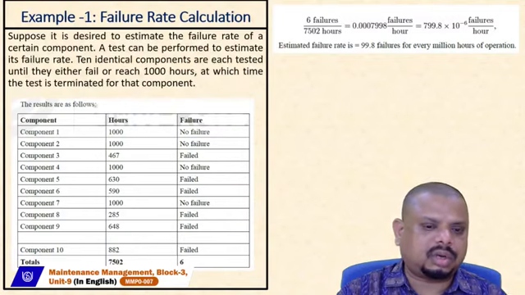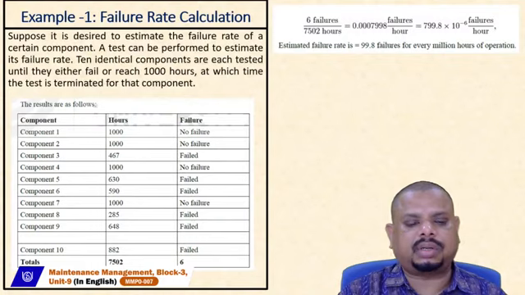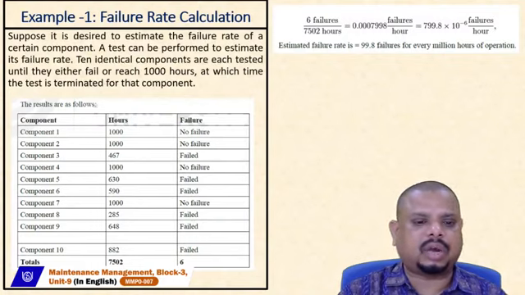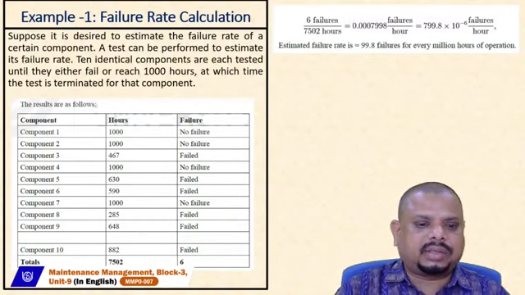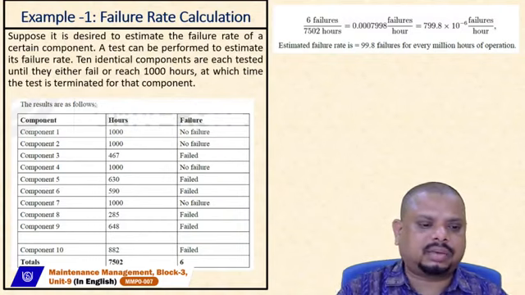If you observe the calculations, the total hours the 10 components ran is 7,502 hours, and the number of failures is 6 out of 10: component 9, component 8, component 6, component 5, and component 3.